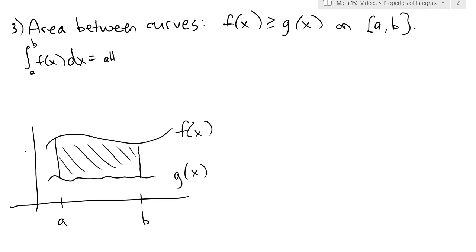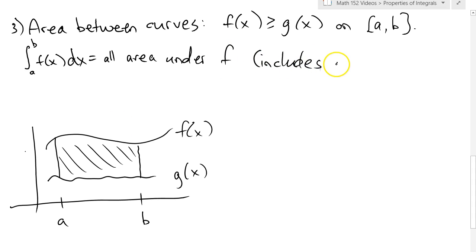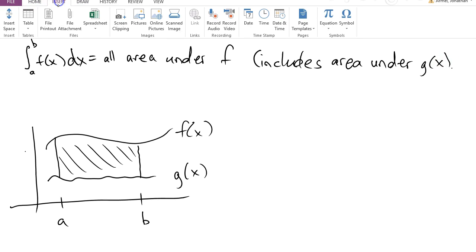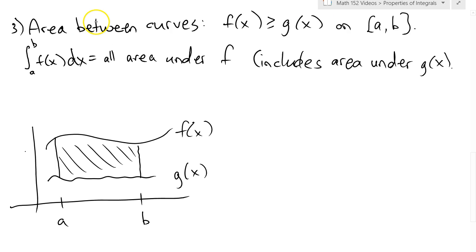So here, because f is positive, the integral of f of x is all the area under f, and that includes the area under g. So that would be all of this stuff.